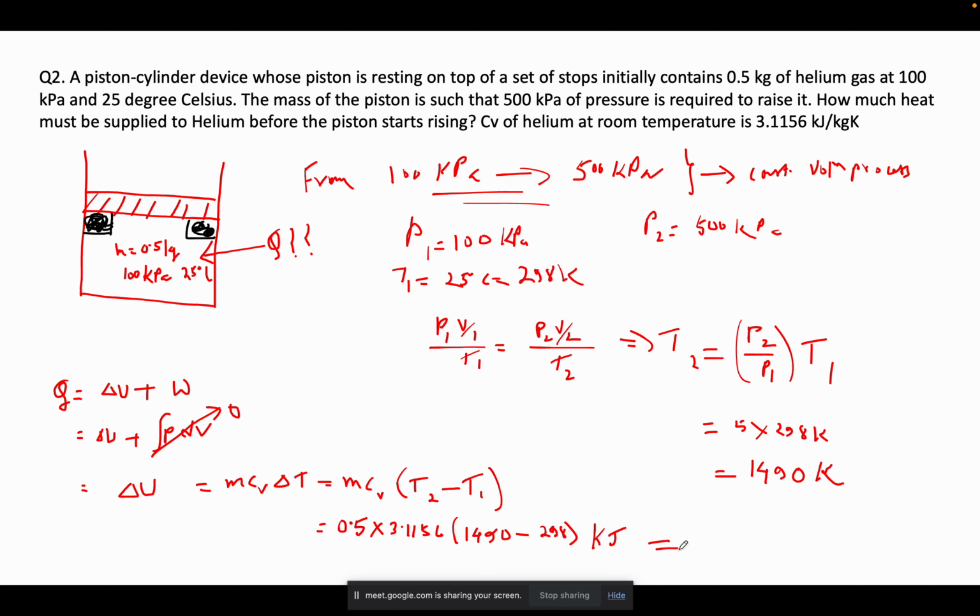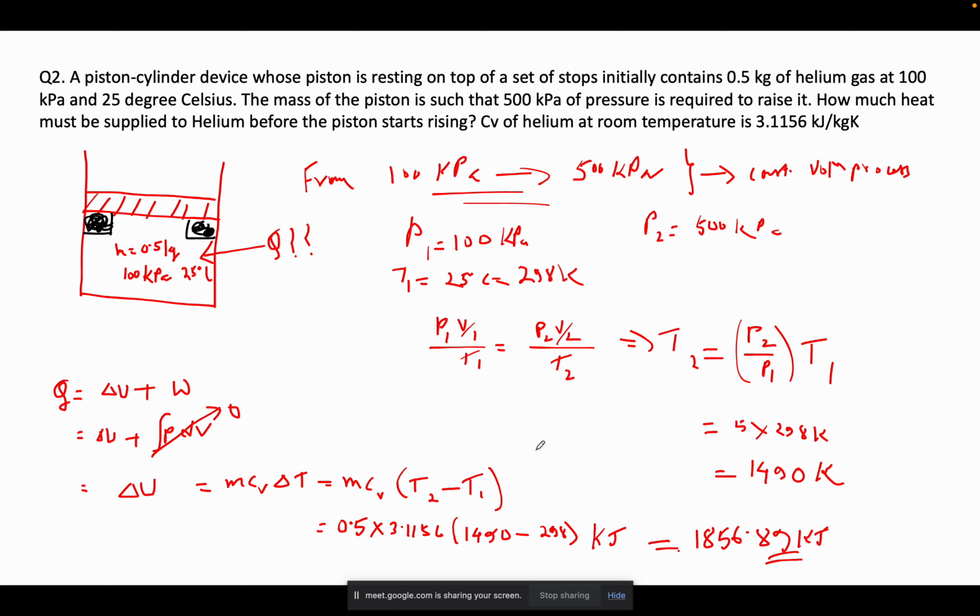Okay, 0.5 into 3.1156 into 1490 minus 298. Okay, so this is your 1856.89 kilojoule. Okay, very simple question. If you have any doubt, you can ask me.